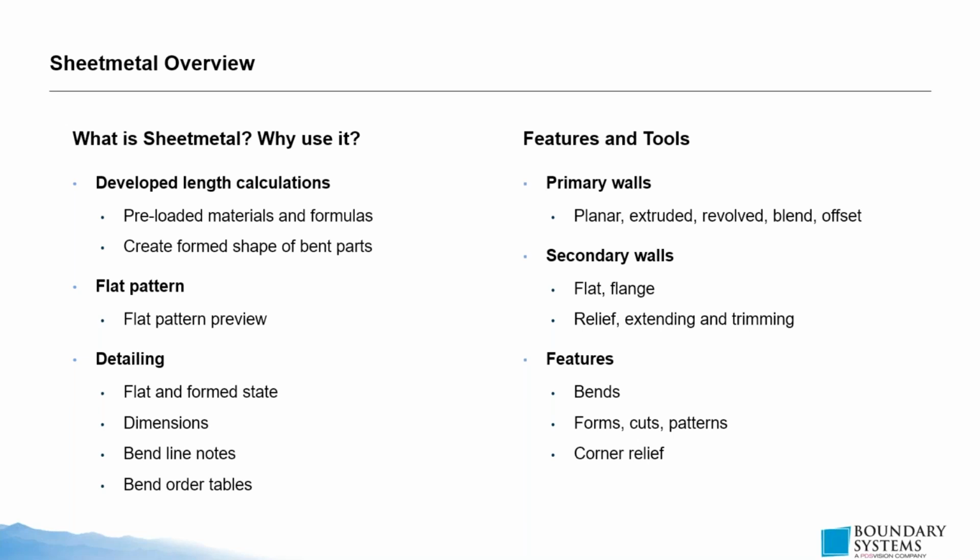As a result of that, we have some specific tools that make creating features in sheet metal much, much easier. So once you have that primary wall constructed, it's very, very easy to create secondary walls, namely flats and flanges, from that primary wall. And you can do this in a much easier way than if you had to create a second extrude and do this as you would in a normal Creo part.